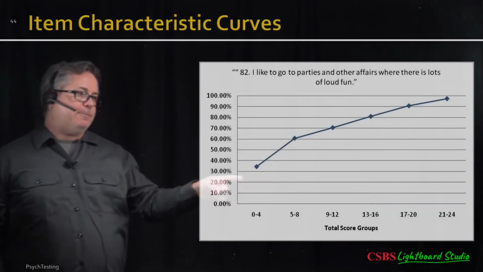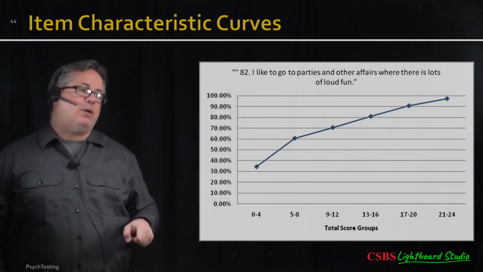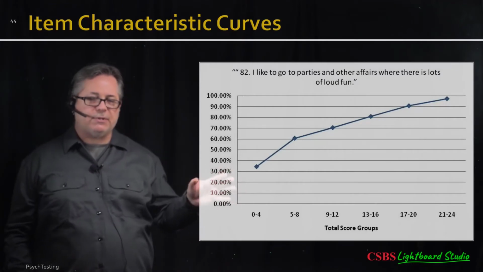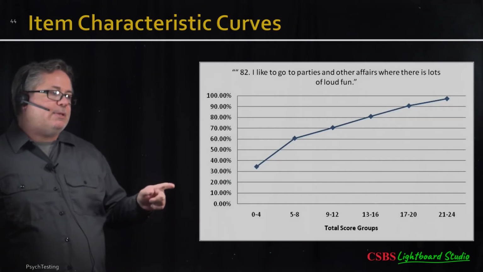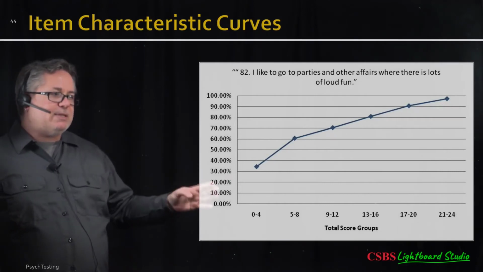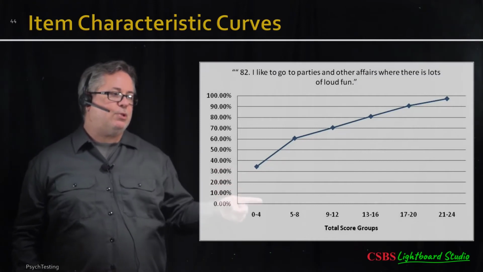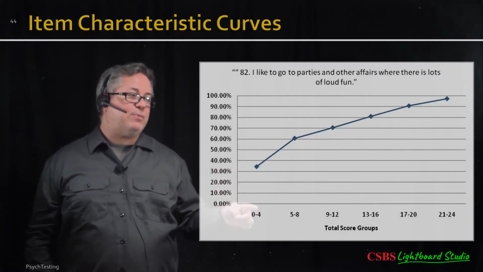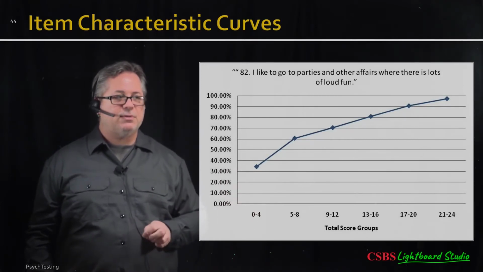You can think of this gap here in a couple different ways. One, because this is a psychological, social science type thing where yes, they're answering yes or no, you can think of the item as so easy that it never actually reaches 0. Even people in the lowest score group, think about it, for some of these people, this may be the only question they answered yes to, right?